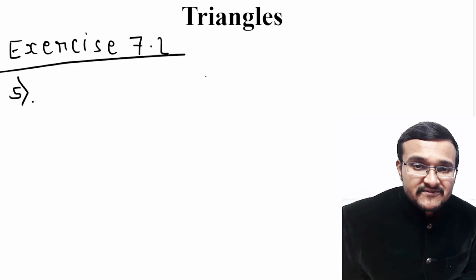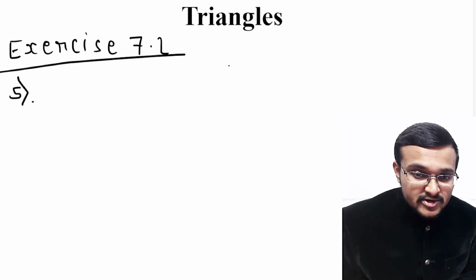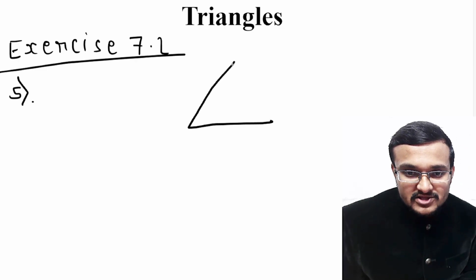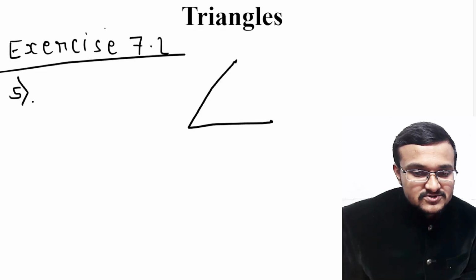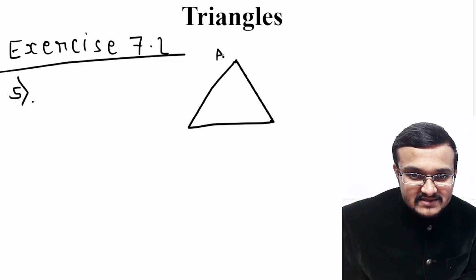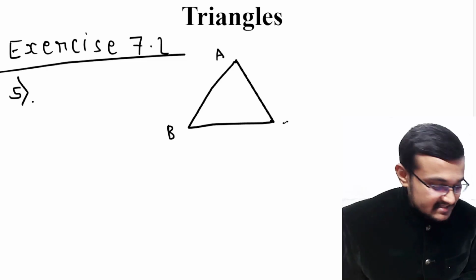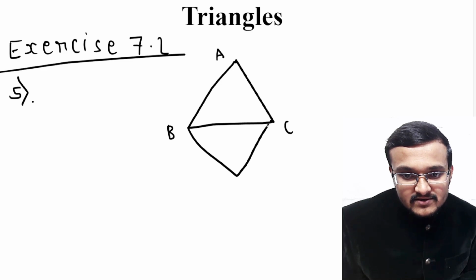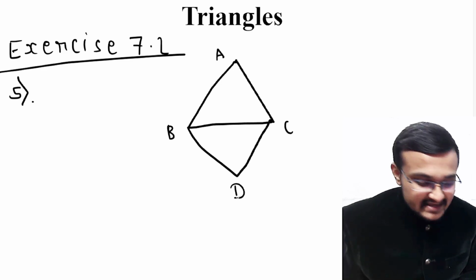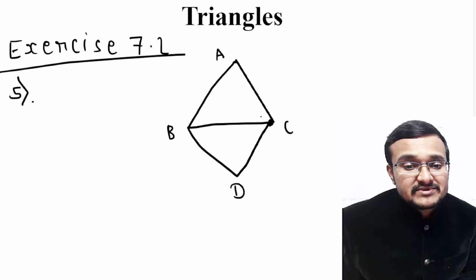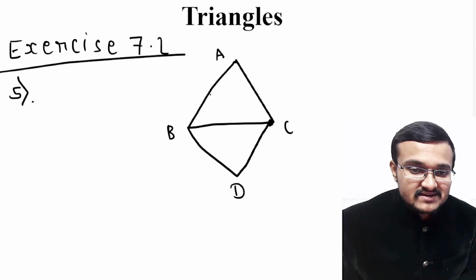Now coming to the 5th question in exercise 7.2, here they have given one diagram. So let me draw that diagram. You have two triangles like this. One triangle is named ABC, and there is one more triangle, BDC. Here, the BDC triangle and the ABC triangle are isosceles triangles.